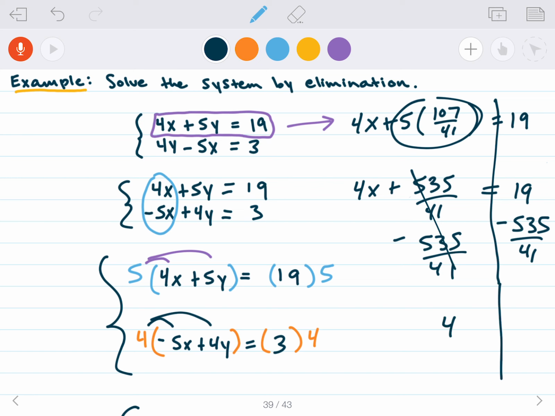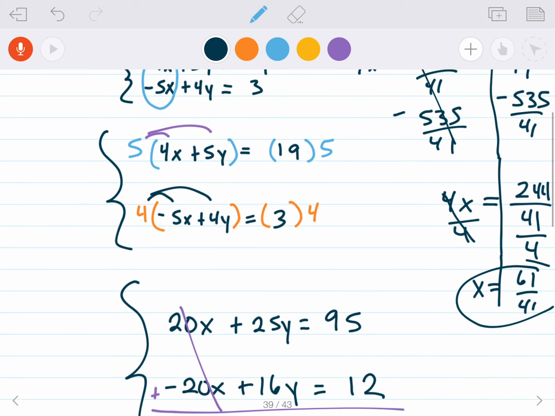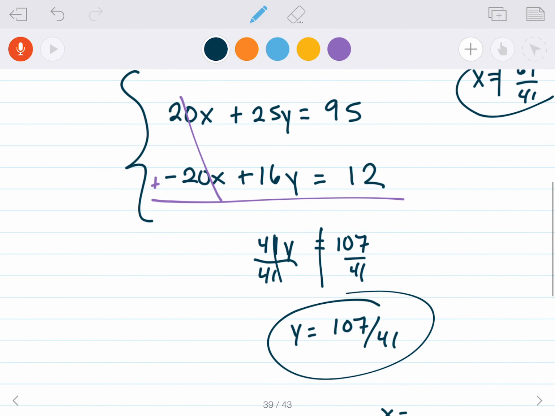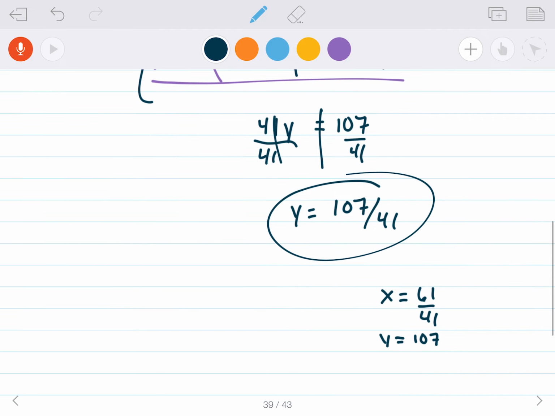So I end up getting 4x on the left equals 244 over 41 on the right. And finally, I can divide both sides by 4. And again, do all of this in Desmos or your graphing calculator because we don't need to do all of this by hand. So there's x. So our answer here is x equals 61 over 41, and y equals 107 over 41. This is my answer.